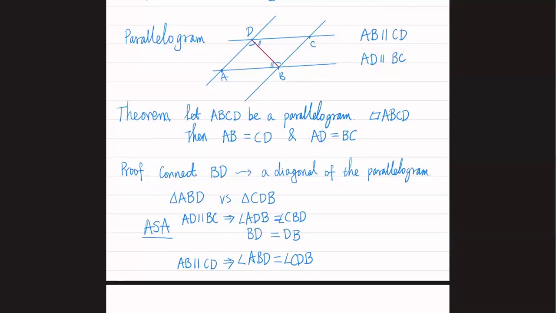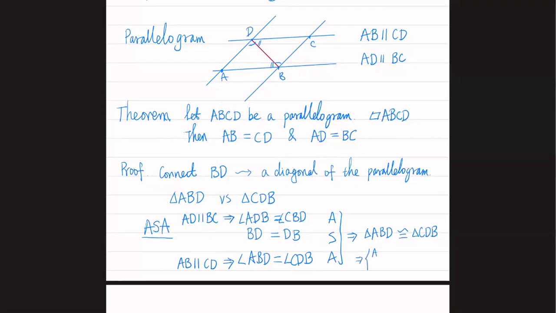Okay, now we have ASA. The two triangles, ABD and CDB, are congruent. Once they are congruent, the corresponding sides have the same length.